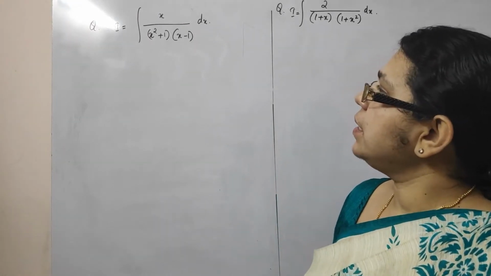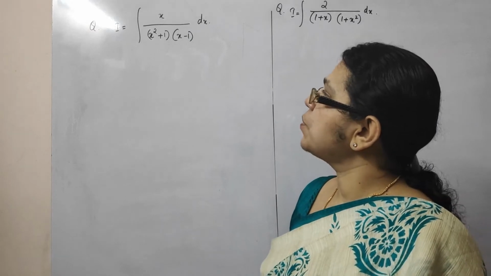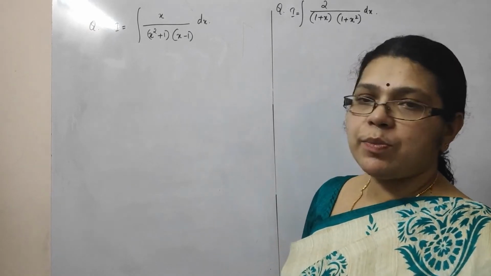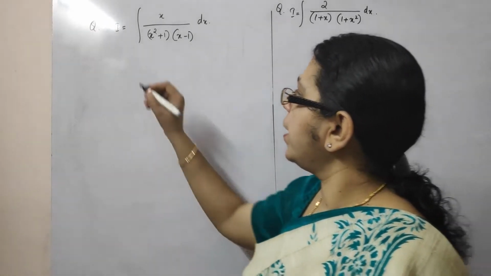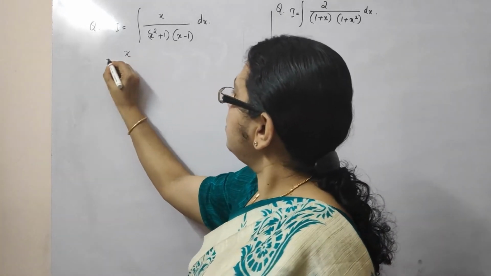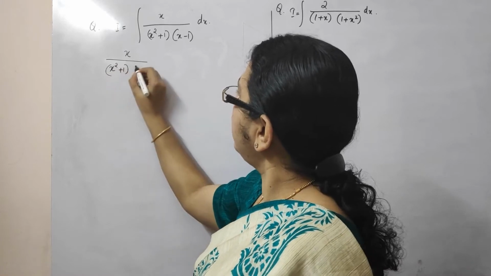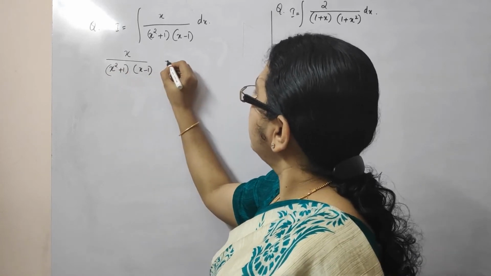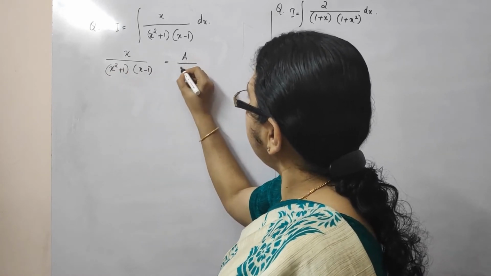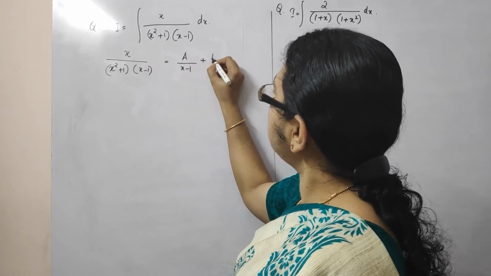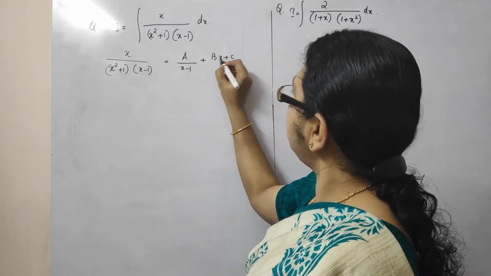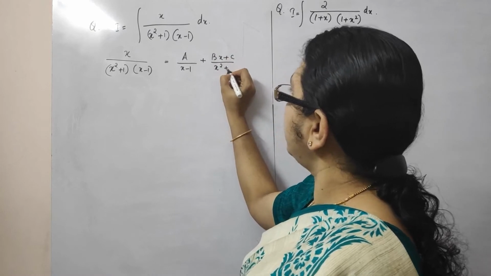That is, I is equal to integral of x by (x square plus 1) into (x minus 1) dx. So I write this as, this is a rational fraction, (x square plus 1) into (x minus 1). This is a by (x minus 1) plus (bx plus c) by (x square plus 1).